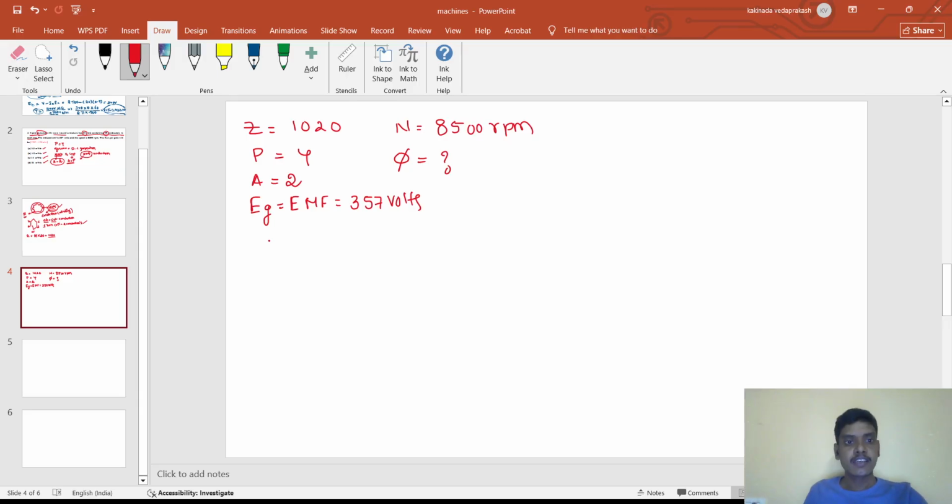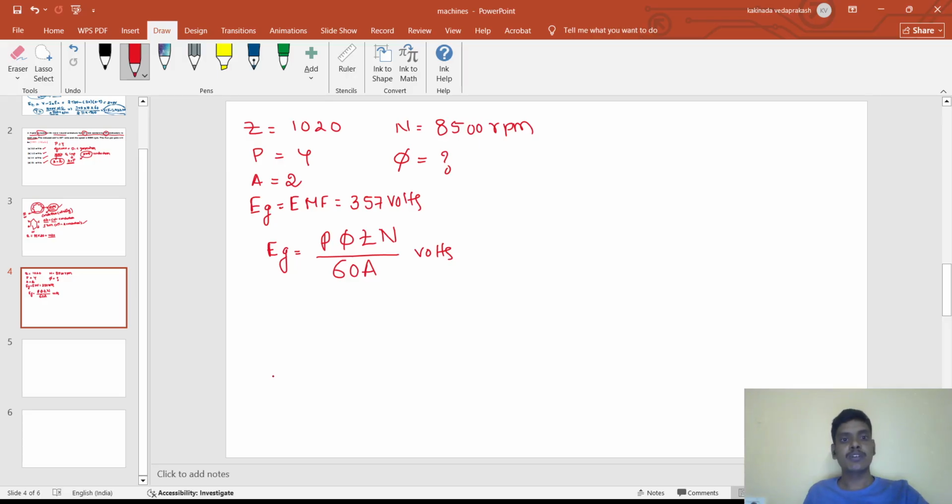Here we can see Ez is equal to P phi Z N by 60A volts. This is the relation between the generated voltage of the dynamo and the magnetic flux.